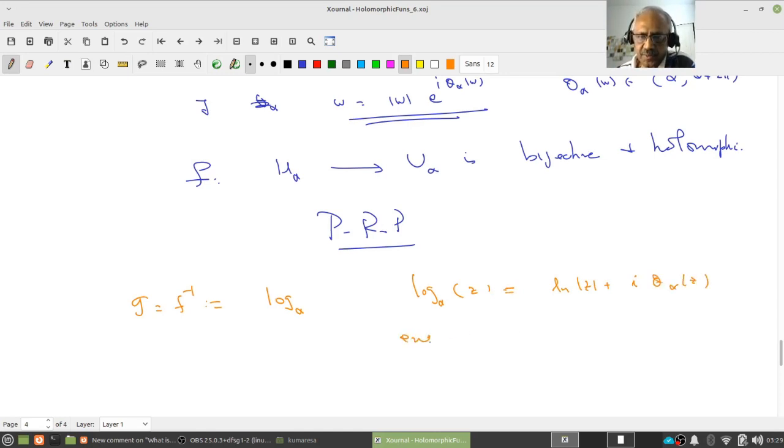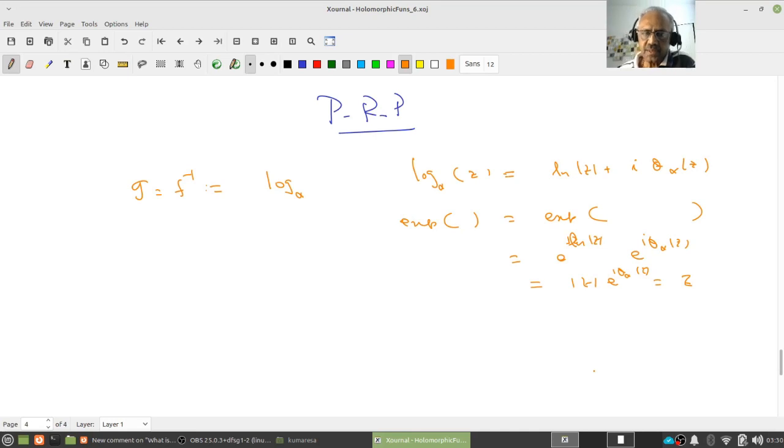Therefore exponential of that is e power log of mod z into e power i theta alpha of z, but that by definition is mod z into e power i theta alpha of z, which is equal to z. Right? Therefore this is the inverse.